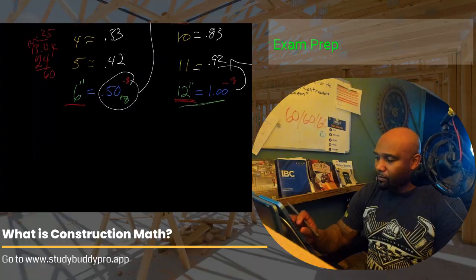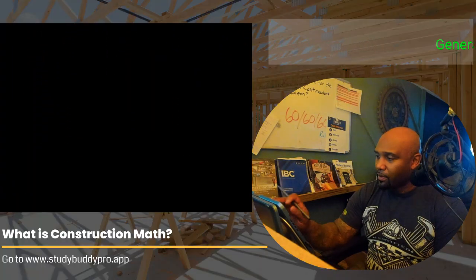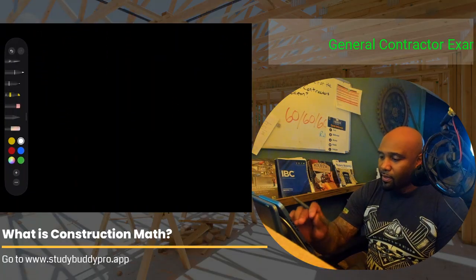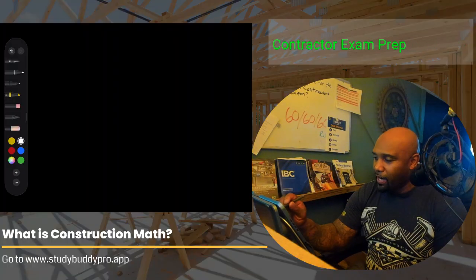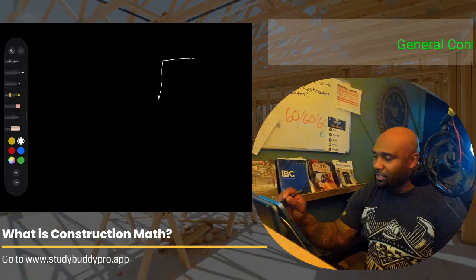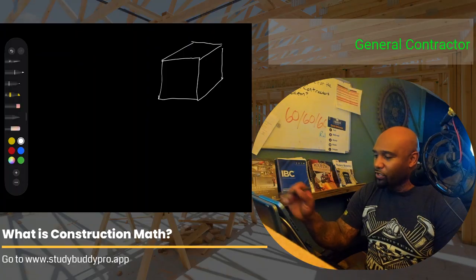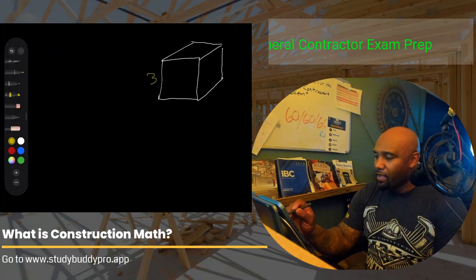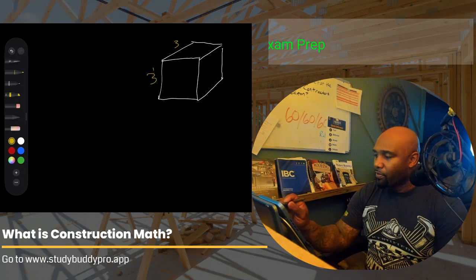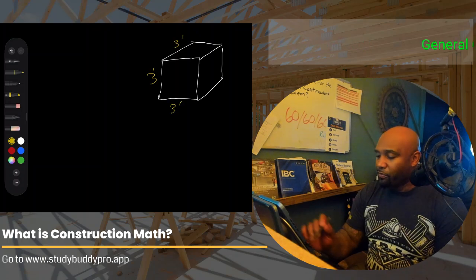Okay. So here we are. Let me draw this out for you. And you know I'm a hell of an artist, right? So let me draw this box. And you guys see me do this a lot in our math class. Okay. And what I want you to see with this box is 3 feet, 3 feet, 3 feet.